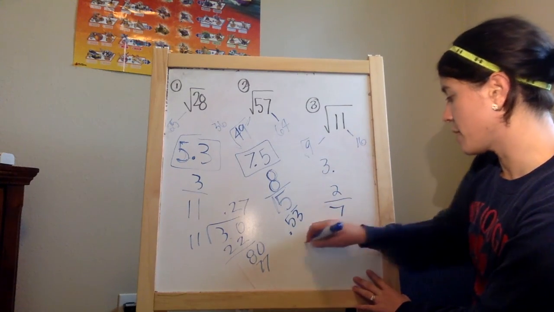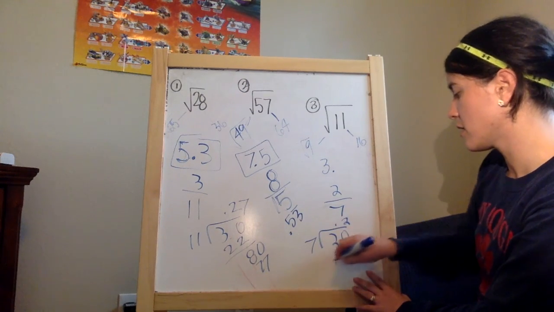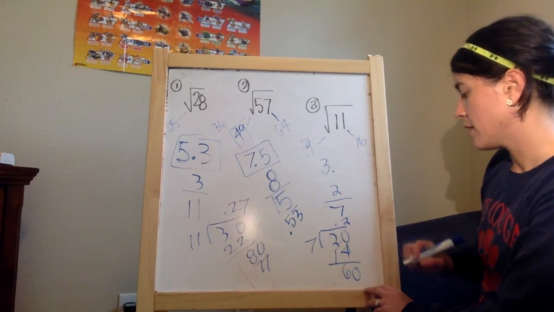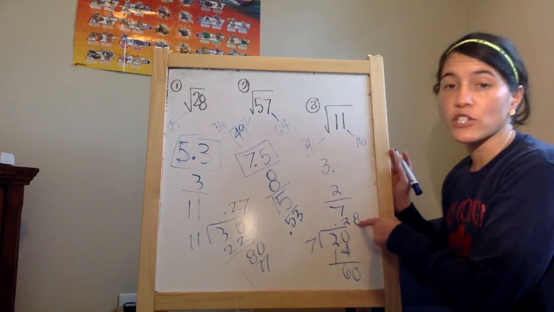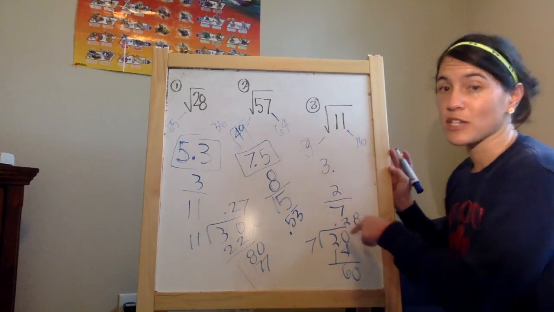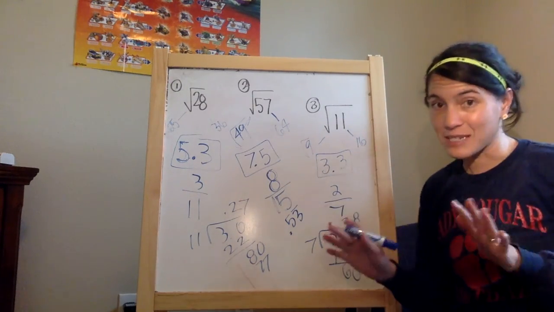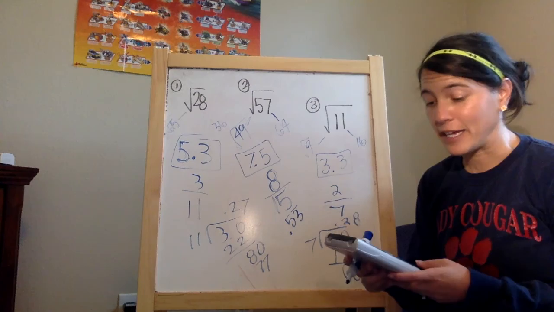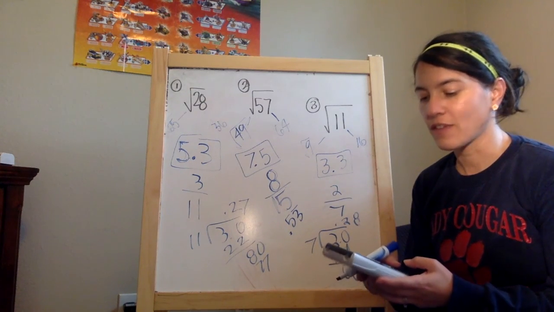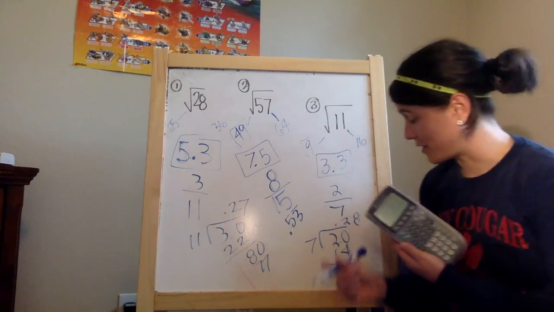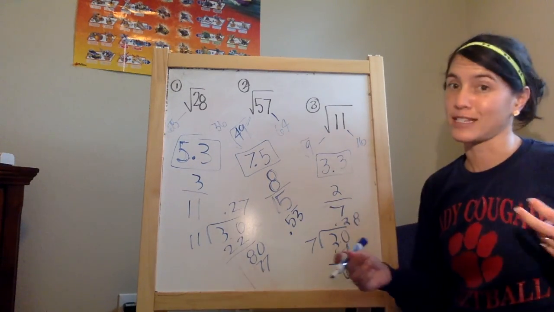So 2 divided by 7 is 0.28, which means my 2 would round up to 3, so 3.3 is what I think would be my estimation. I'm going to type in the square root of 11, and the answer is 3.31, and I was at 3.28. So again, we're very close for estimating.